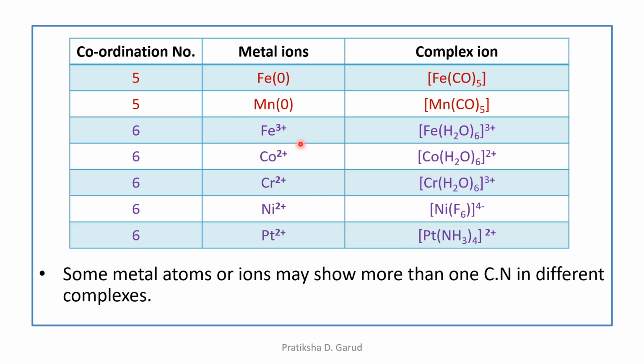Suppose you have Fe3+: in some complexes this Fe3+ has coordination number 6, but in some complexes it may have coordination number 4 or 2. This indicates that some metal atoms or ions may have more than one coordination number in different complexes.